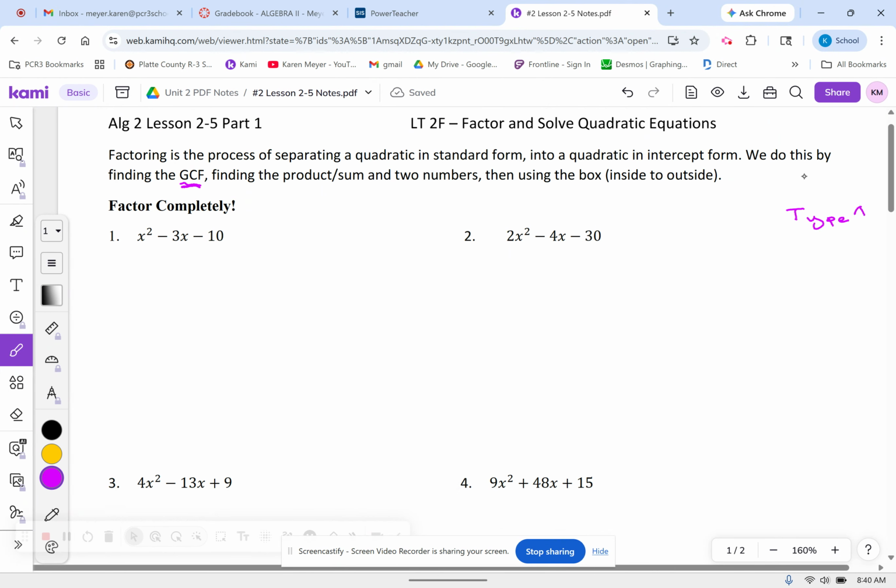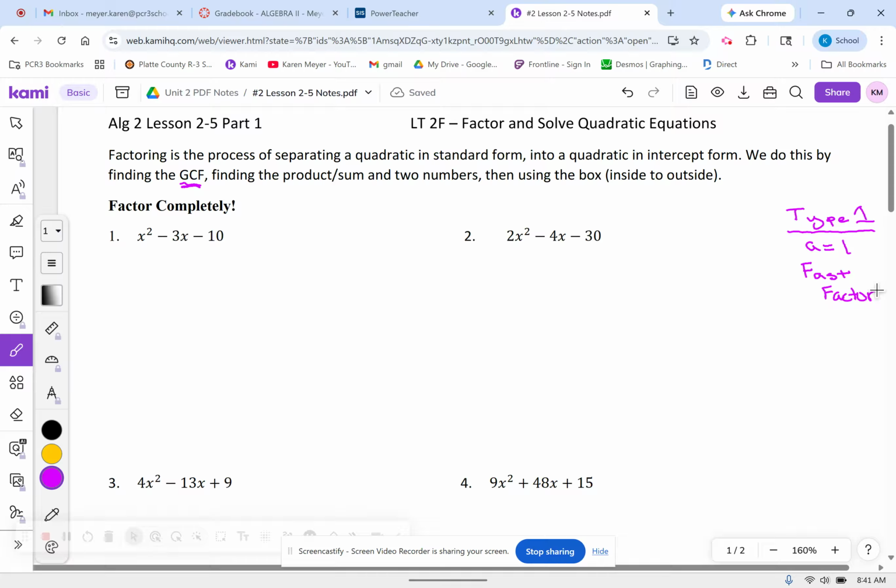And we know that this is going to be type 1 because eventually you're going to notice that your A number is going to be 1. And instead of type 1, I am going to call this fast factoring, because for fast factoring, you'll get to skip some of the steps.